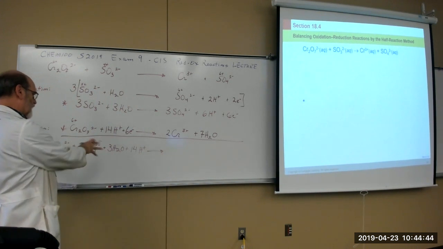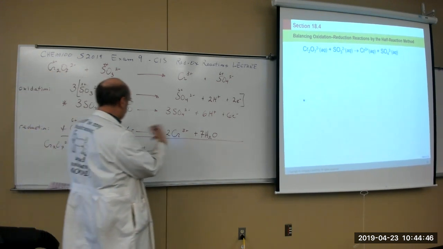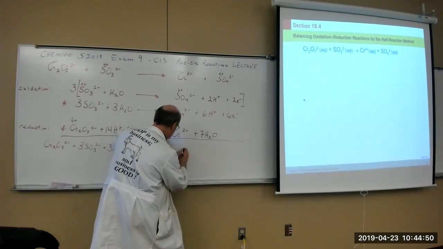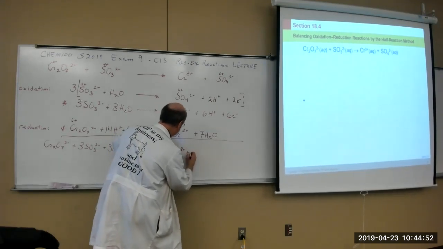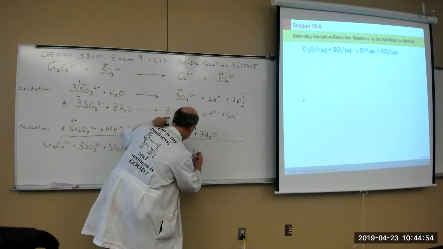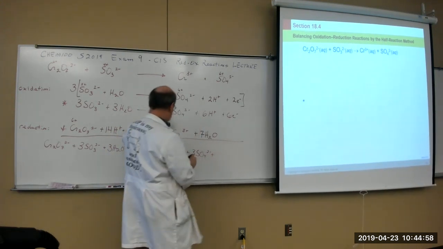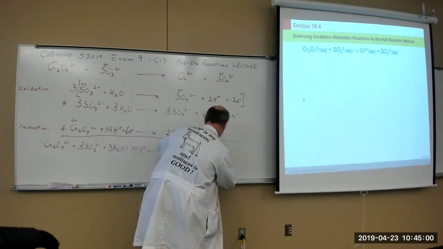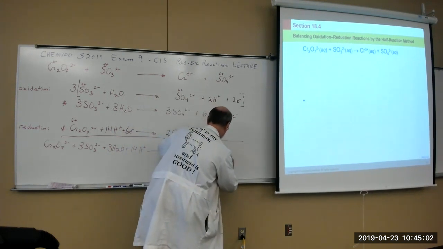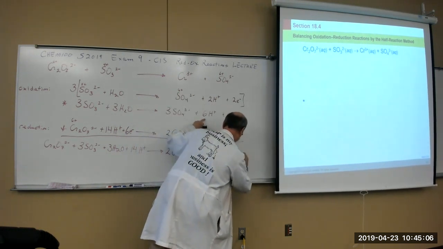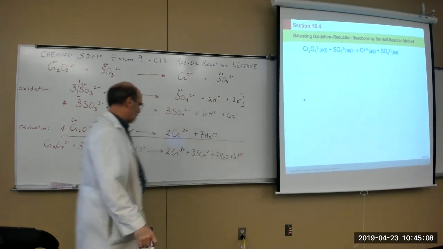Okay, that's the reactant side. The product side, we're going to have 2 chromium 3 plus ions and 3 sulfates. Then we'll have 7 water and 6 hydrogens. Okay?